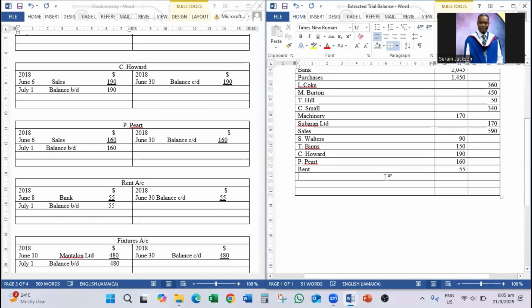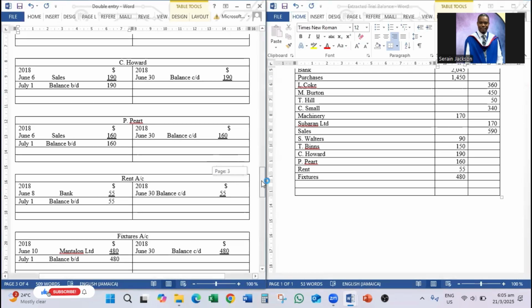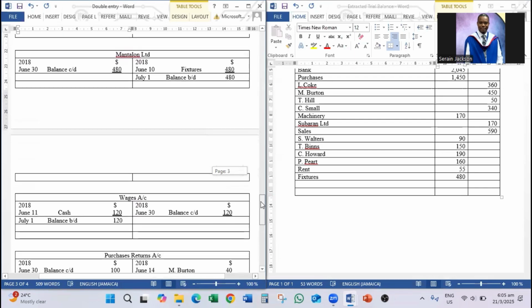And then we have fixtures. Fixtures is a fixed asset. So it always carries a debit balance, so that's 480 for fixtures. Then we have Mantalan, who we had bought the fixtures on credit. So they are our creditors. So it's going to carry a credit balance, 480 as well.